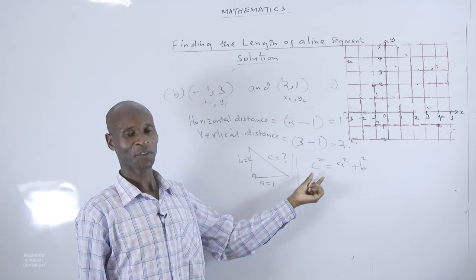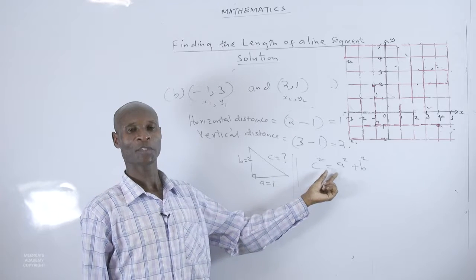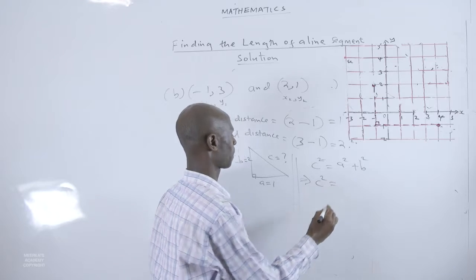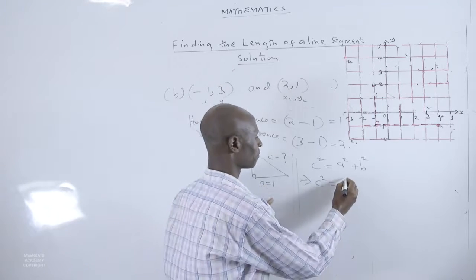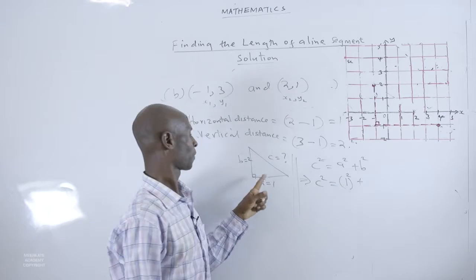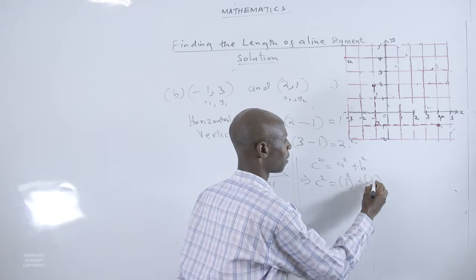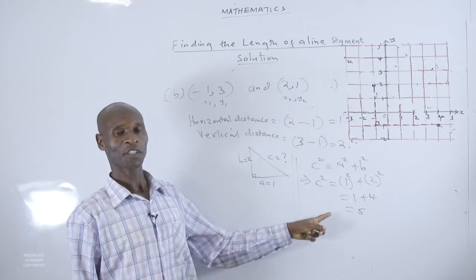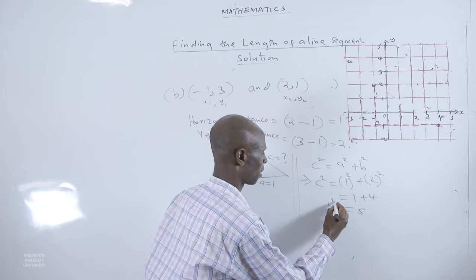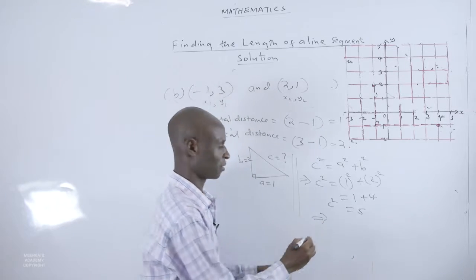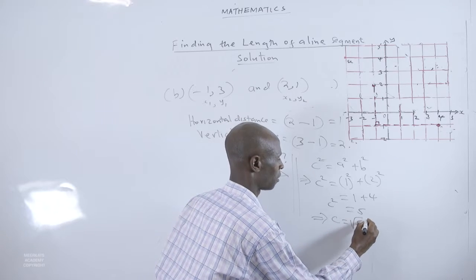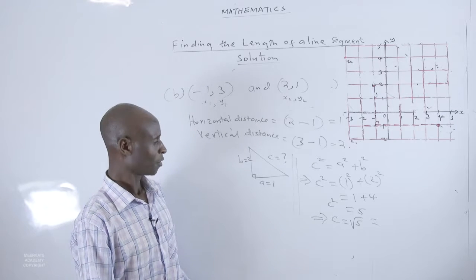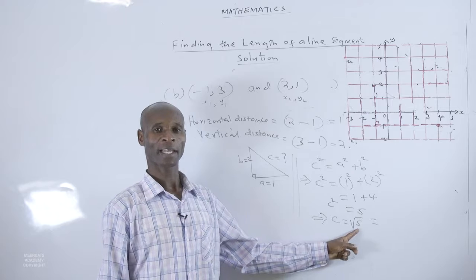From our Pythagoras theorem, we know that c squared is equal to a squared plus b squared. A is 1, B is 2, so c squared is 5, implying that the value of c will be the positive square root of 5, which we can obtain using our calculator.